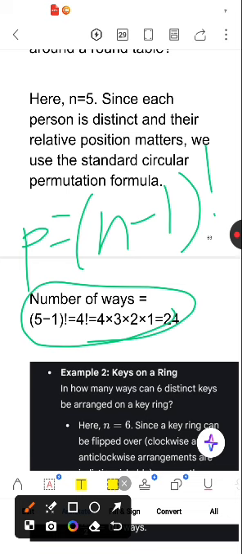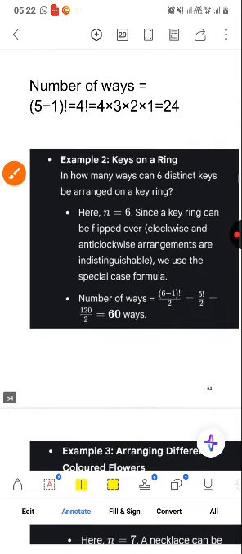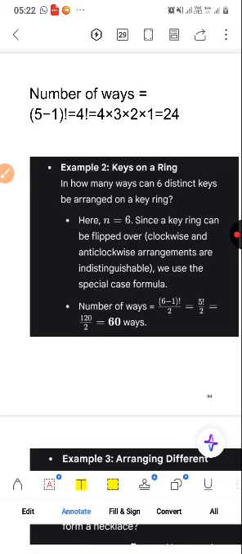Now here we are going to consider a special case. Keys on a ring. You realize that keys on a ring is not the same as people sitting around the table, because with keys on a ring, if I mark one side of a key and rotate the key from that point until I get back to that point, it's one rotation.